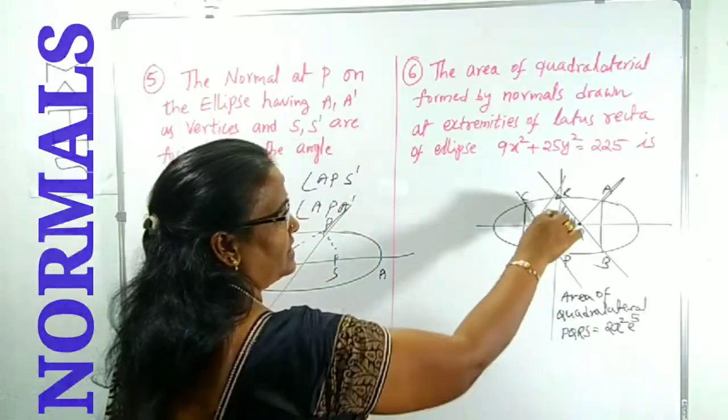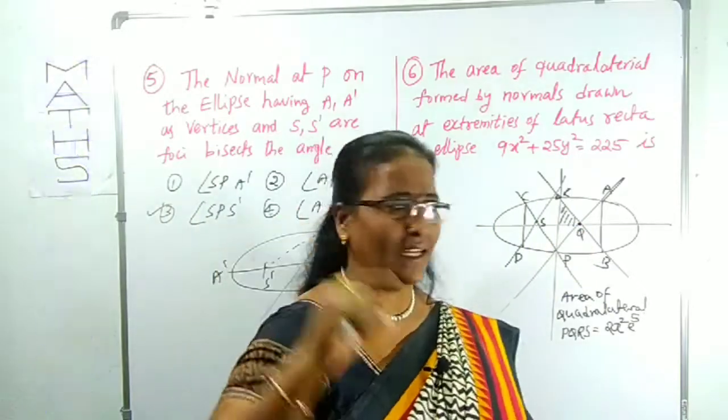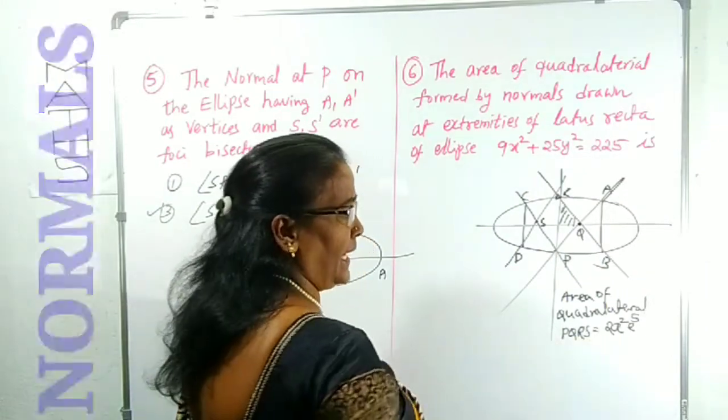We want the total area; I had dotted only one small triangle. The formula is 2a square e power 5.